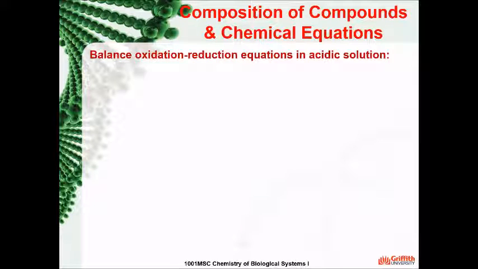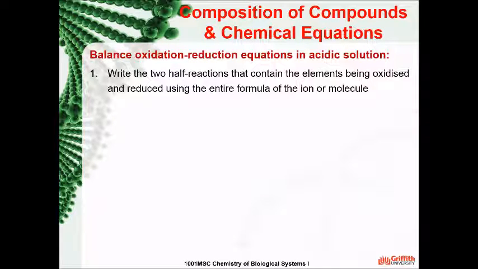To balance a redox equation, we need to follow certain steps in order. The order is very important to successfully balance the redox equation. The steps are: write the two half reactions that contain the elements being oxidized and reduced using the entire formula of the ion or molecule.